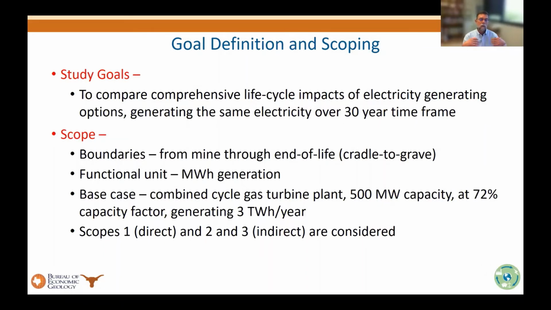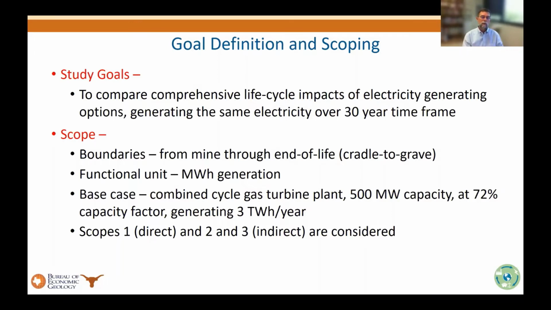If we are going to compare CCGT, combined cycle, with wind and solar, then we need to take into account the capacity factors of wind and solar when they're operating. Wind plants and solar plants don't operate 24 hours a day, because the wind doesn't always blow and the sun doesn't always shine.